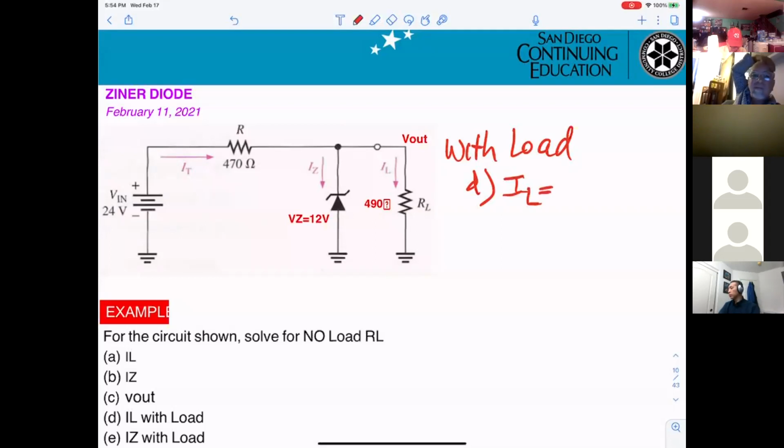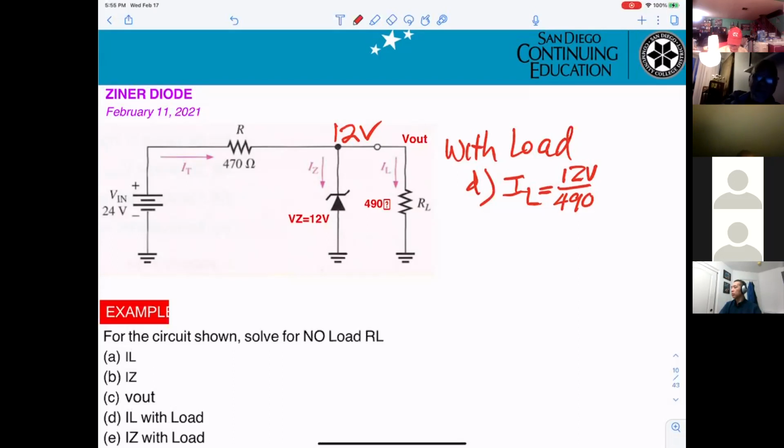So that's easy, right? When you get a load, you still get 12 volts in here. The Zener still breaks down. So you get a load of 490 ohms and 12 volts. So that will be 12 divided by 490. That's how we calculate the load current.